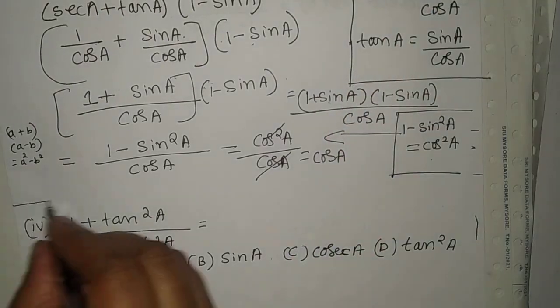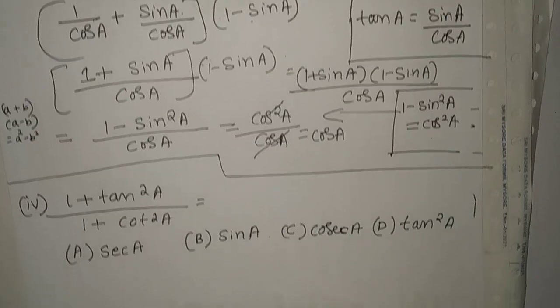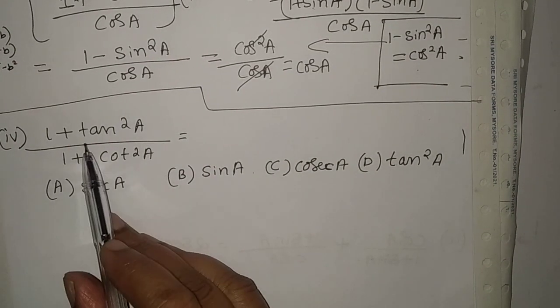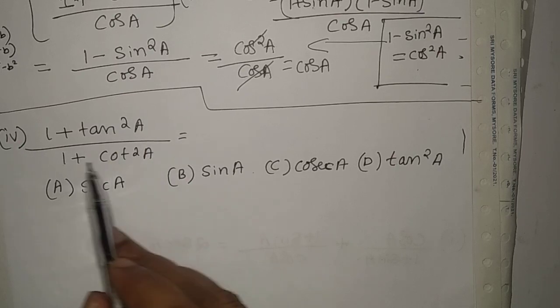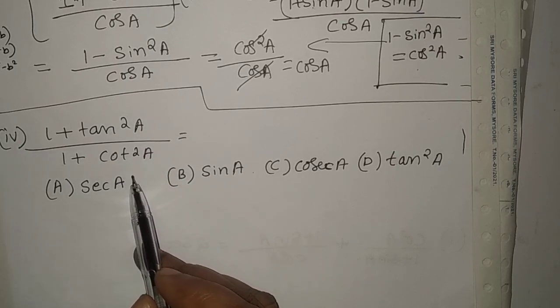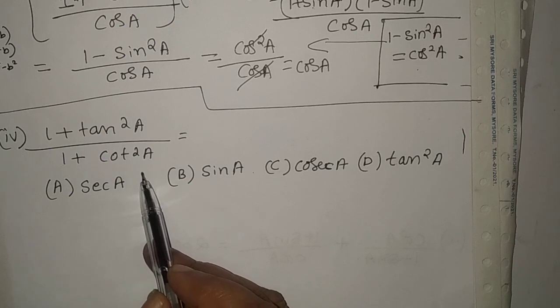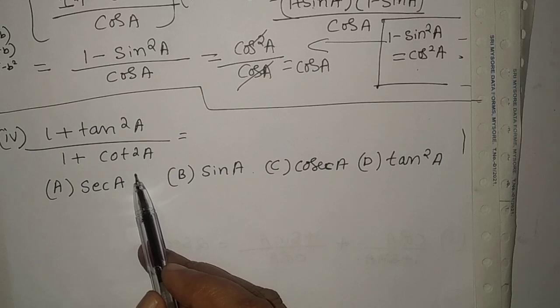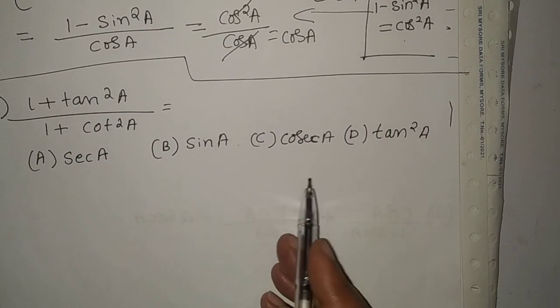Take this. Now we move on to the fourth problem, that is (1 plus tan square A) by (1 plus cot square A), which is equal to, and four options are given.